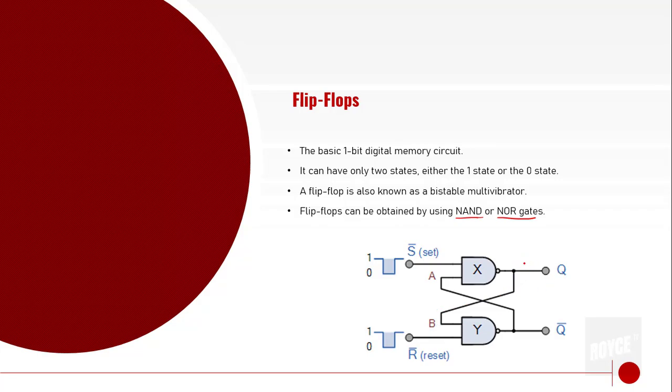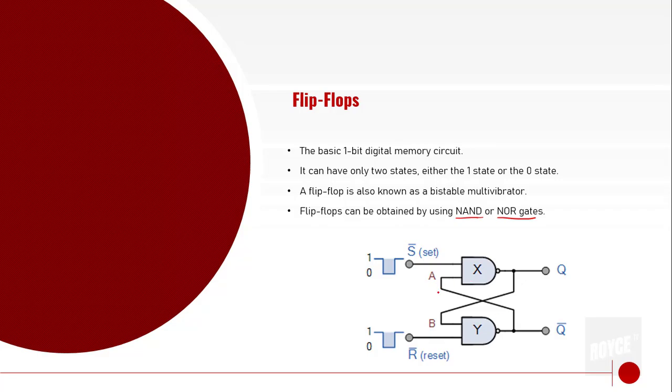So yung Q naka-feedback pabalik dun sa NAND sa baba. Yung Q complement naman naka-feedback pabalik dun sa NAND sa taas. So this is our flip-flop, and this is a sequential logic circuit.